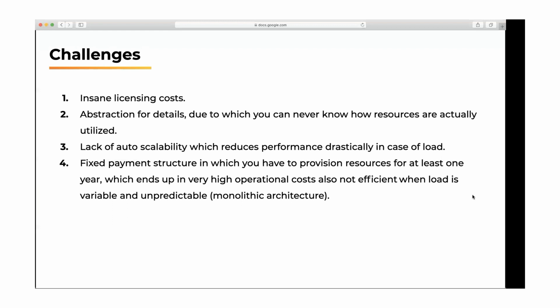It's not like they could say, right now I want to scale up and then I want to scale down. That's not possible. You have to pay for the whole year.